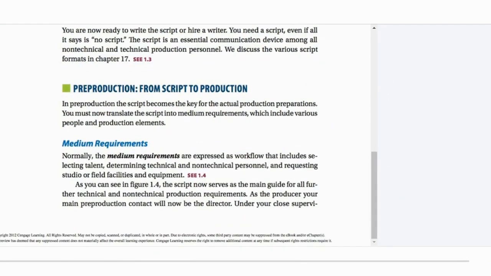I'm not going to go into script writing this lesson. We're going to save that for another week. The only other thing I want you to know is that, in addition to script writing, you're working on what are called medium requirements.